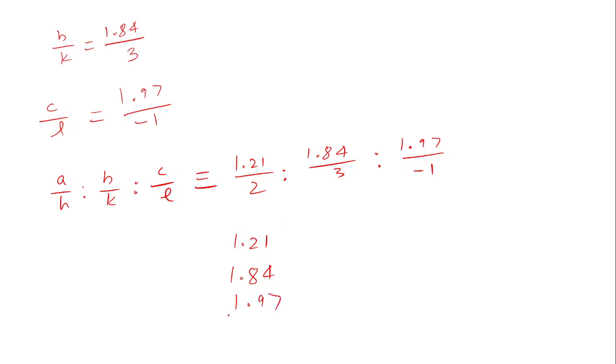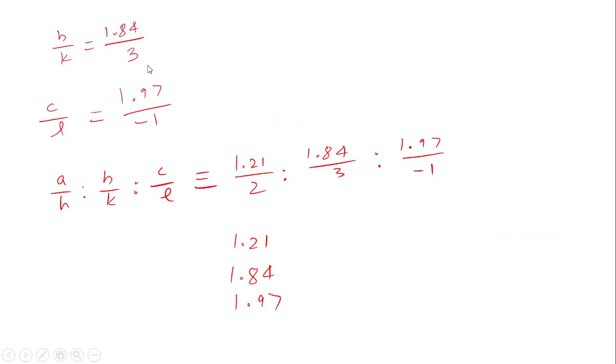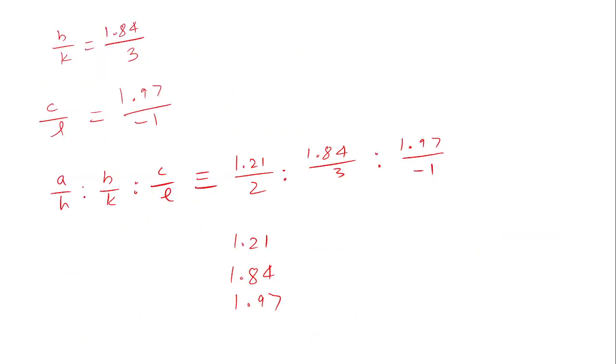Now, we have been given that the intercept at x-axis is 1.21, and we have to find out the intercept at y and z-axis. So the intercept at x-axis is this, and the intercept at y-axis and z-axis is 1.84, 1.97 respectively. What did I do right now?